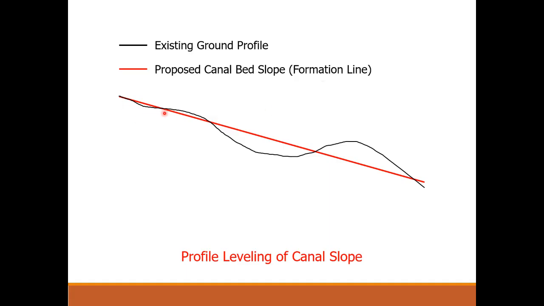We have also discussed that the black line is used to express the existing condition of the ground, or you can say before the construction, and the red line indicates that after the construction this surface profile will be achieved. Okay, so for that purpose we have to fill this depression, and we have to cut this extra portion of the earthen material, which can be soil or any material.